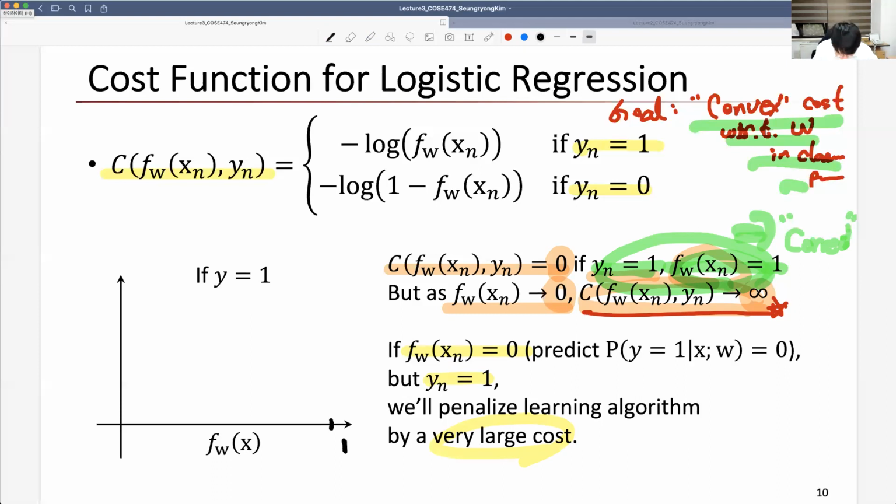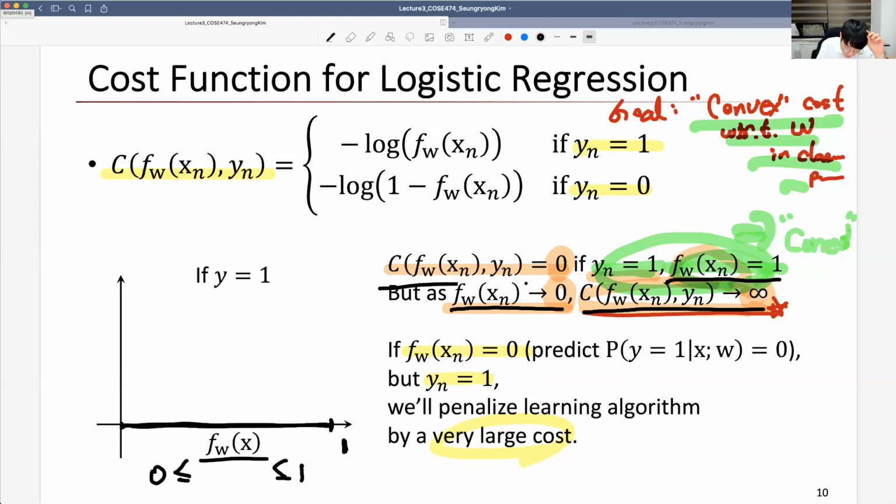We already know the output of the mapping function is between 0 and 1, right? So we only need to define the cost function within this range. First of all, when f is going to 0, the cost should be infinity, and when f(W,xn) is equal to 1, the cost should be 0, right?